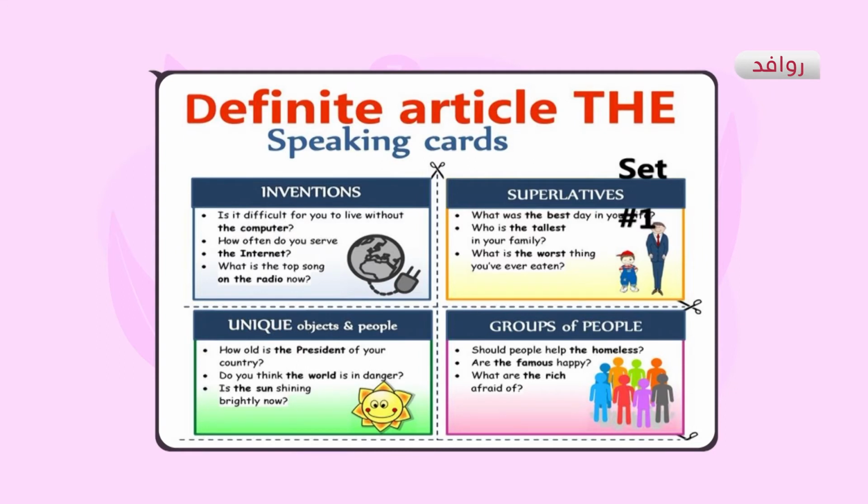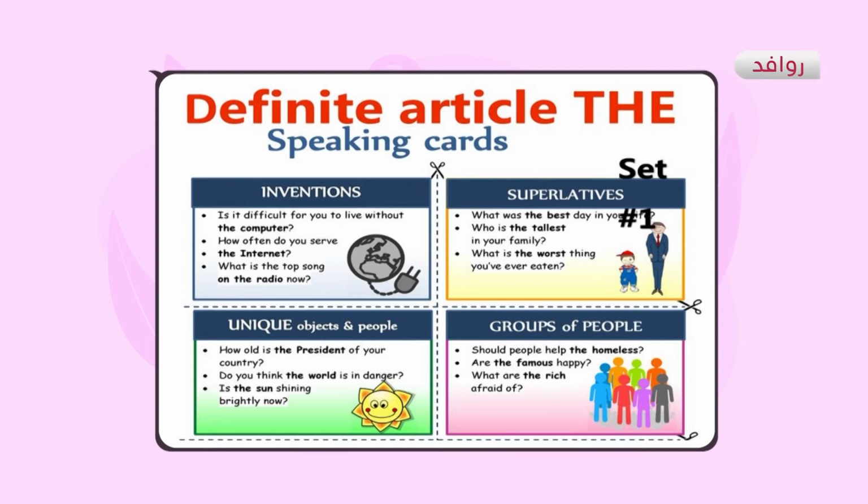The internet. هنا internet is an invention. استخدمنا the with invention. There is another example. What is the top song on the radio now? The radio. Radio also is an invention. استخدمنا معها the.